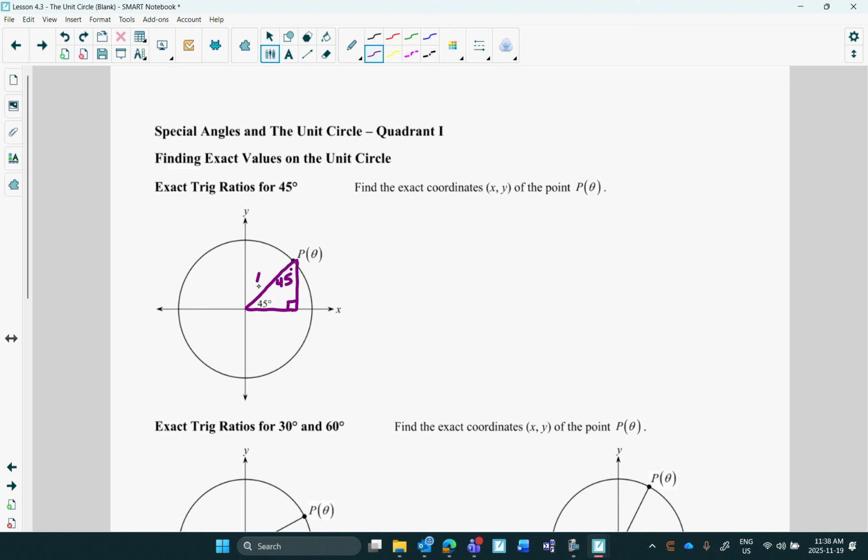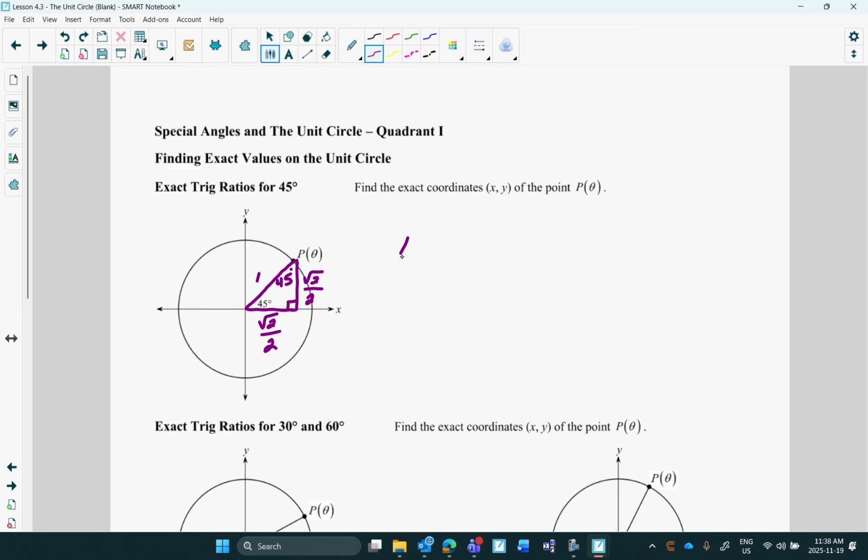Root 2 over 2. So what's a point on the unit circle when the angle coming out is 45 degrees? Root 2 over 2, comma, root 2 over 2.